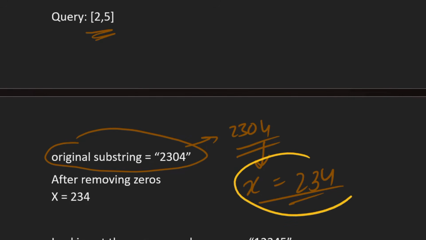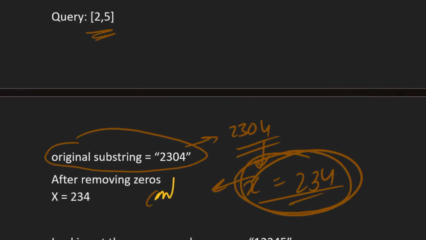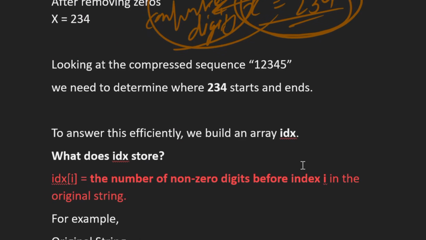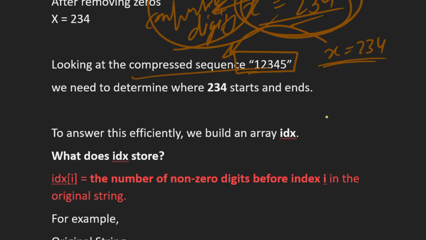So how can we get this x from the compressed digits sequence, that is 1 2 3 4 5? Our x is equal to 234, and we have to get this x from this compressed sequence. So how will we determine that?